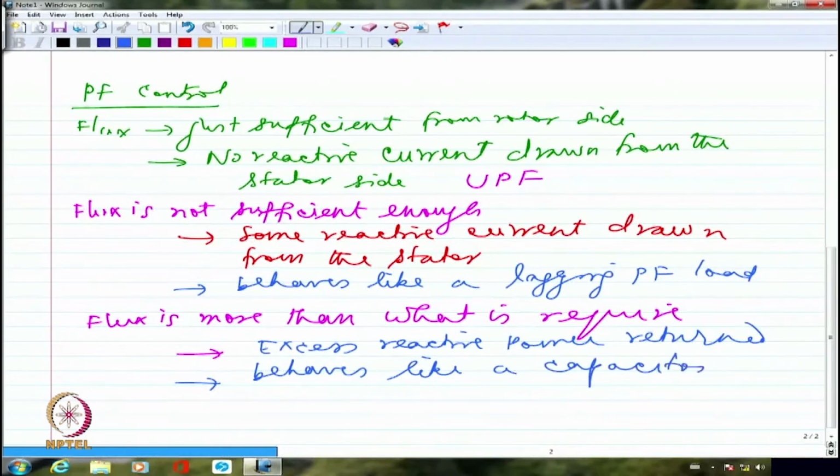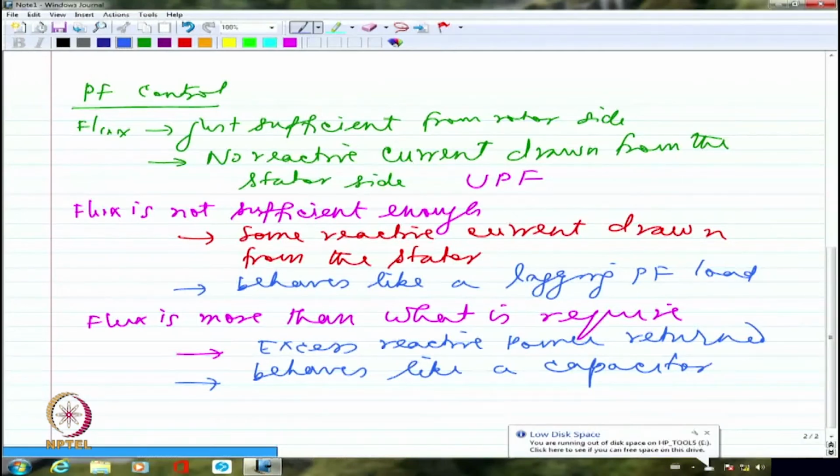So especially a synchronous motor, which is probably employed in a factory which has n number of induction motors, which are all drawing lagging current, I would be able to make one synchronous machine compensate for all that reactive power by actually providing a large amount of excitation to it, so that it behaves like a capacitor.